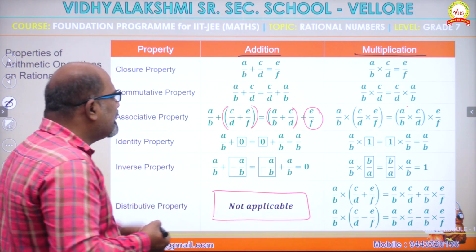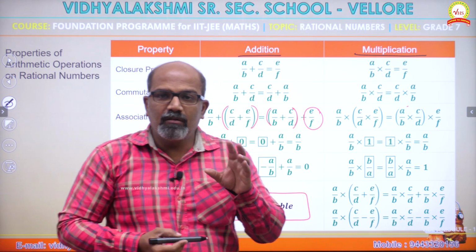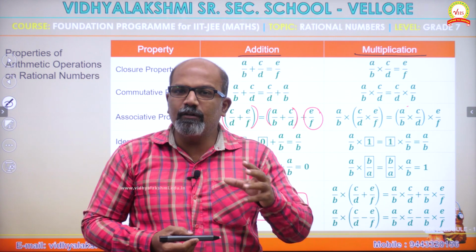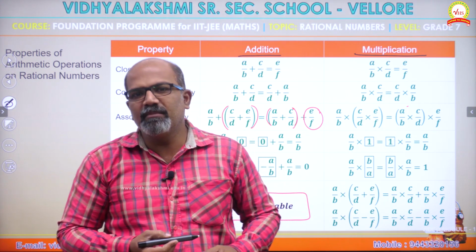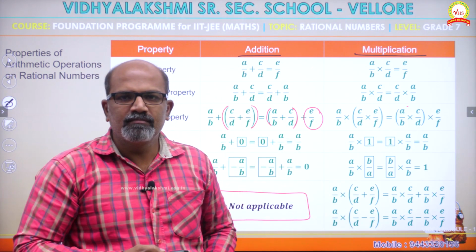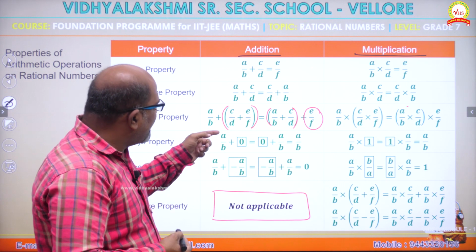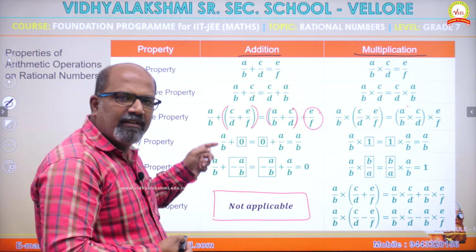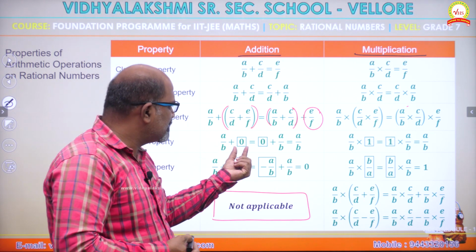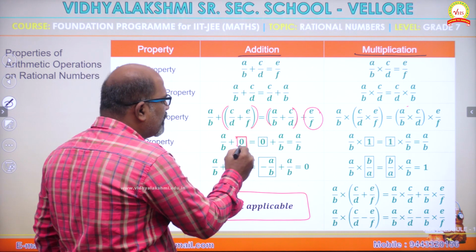Okay. Then identity property. In the case of identity property, it is not just a property. We need to find an element in the set of rational numbers such that, for an element a by b, because rational numbers will be in the form of p by q, a by b plus something, here I have written 0, but something we have to add here.